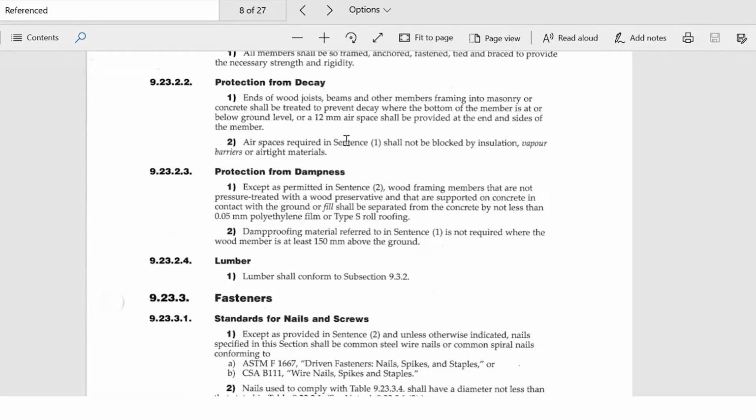9.3.2 specifies the standards that each type of lumber and wood construction element needs to meet in terms of specification.